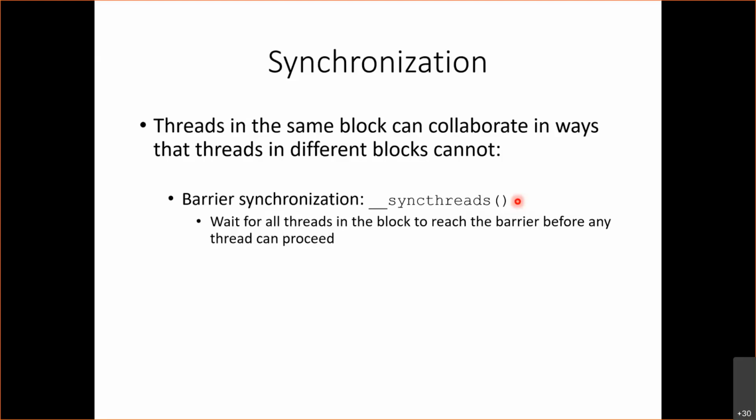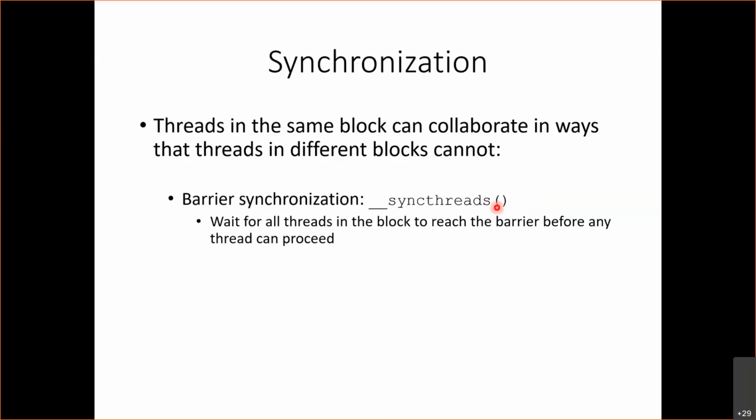For now, I just want you to be aware that threads in the same block can communicate with each other, and one of the ways is by waiting for each other. So if they're executing some kind of code and they reach this barrier, all the threads need to arrive at the barrier before any of them can proceed. This helps them coordinate work across each other. Okay.